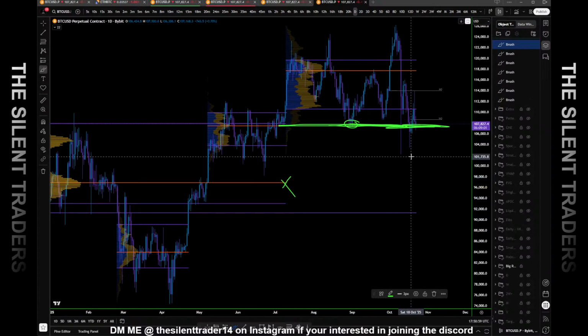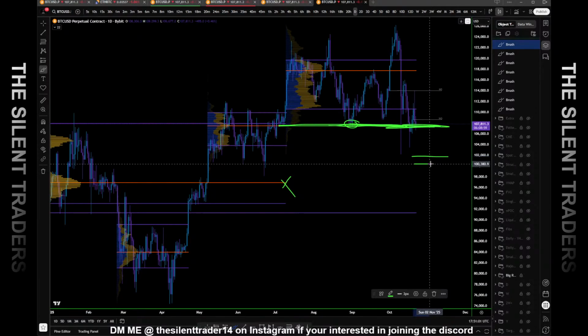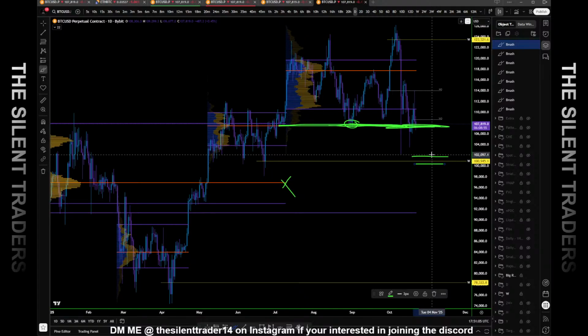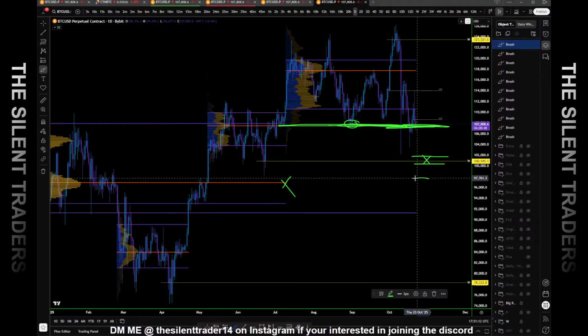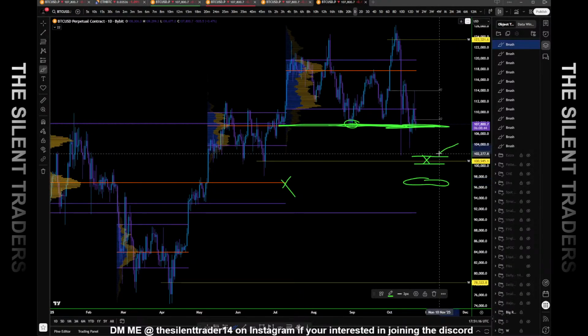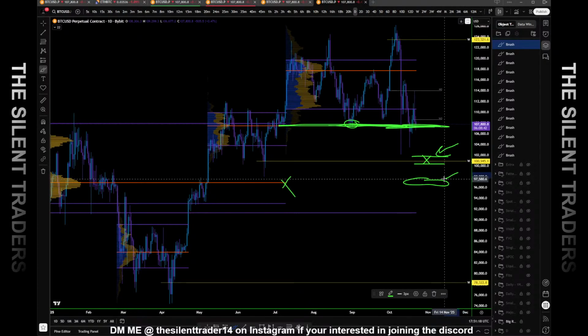So we have our 2-day order block and our daily order block to target. We have our weekly order block, which is right between the 2-day and the daily. And then we have our high volume node. So if we start dropping from here, target 1, this zone, target 2, this zone, and you'll keep seeing different targets through this here.